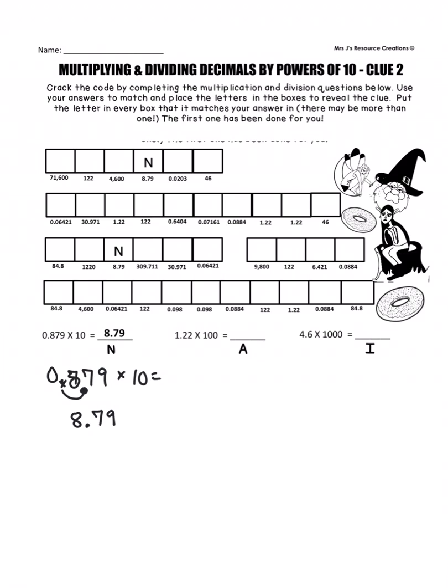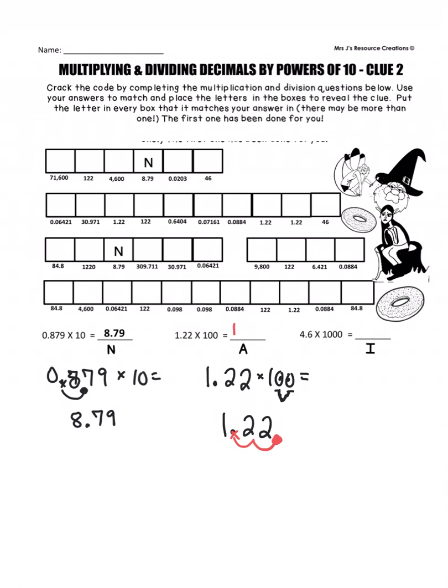Now let's do number 2. We're going to multiply 1 and 22 hundredths times 100. There's 2 zeros in 100. Since there's 2 zeros in 100, I know that I need to move my decimal point over 2 place value positions. So I'm going to rewrite my number, 1 and 22 hundredths, and then just move my decimal point over 2 spots.